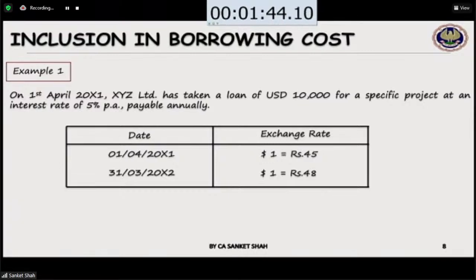Time I have given you $10,000, not rupees 1 lakh.